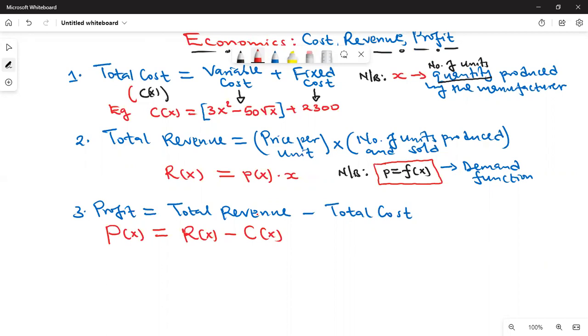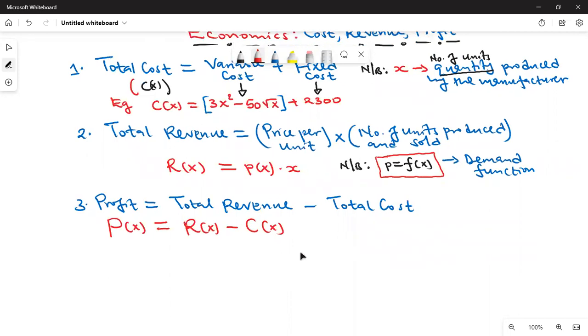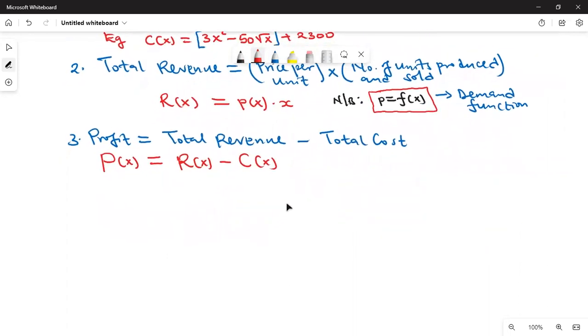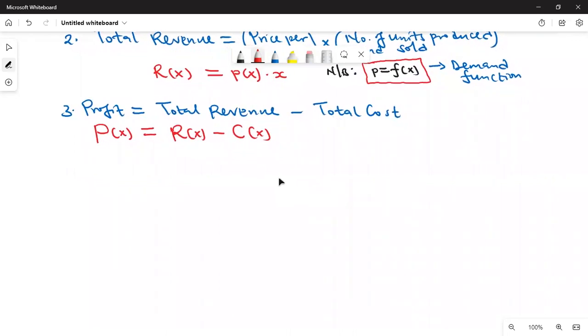Now, apart from the three, cost, revenue, and profit, we have what is called marginal cost, marginal revenue, and marginal profit. Let me talk about those three. Number 4, marginal cost. The word marginal, what does it mean?